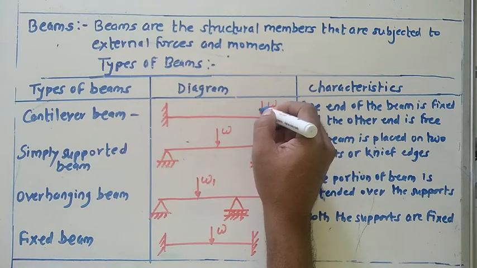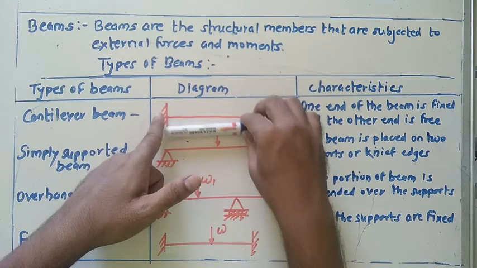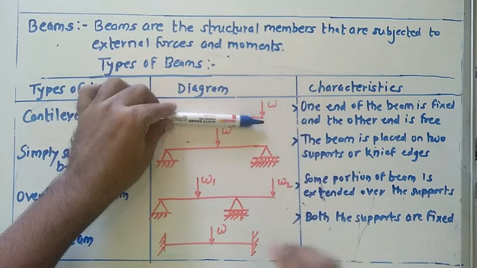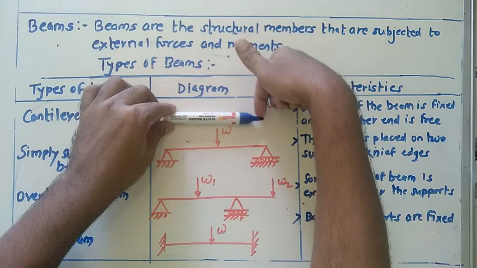This is an example of a cantilever beam. Let us assume the beam is fixed from one end, and the free end is where we can apply a certain load.